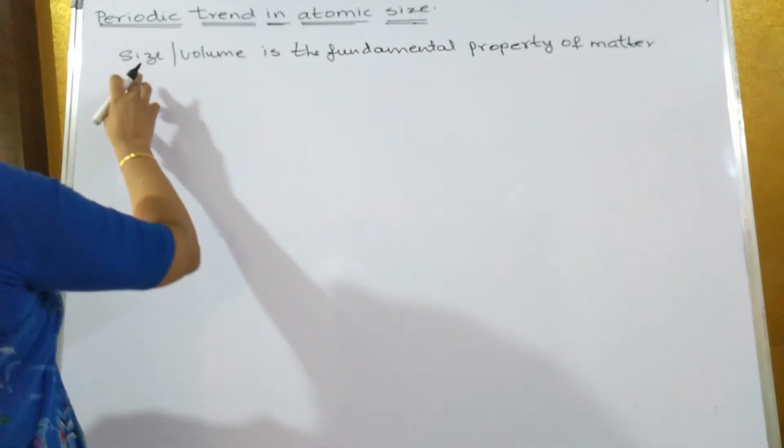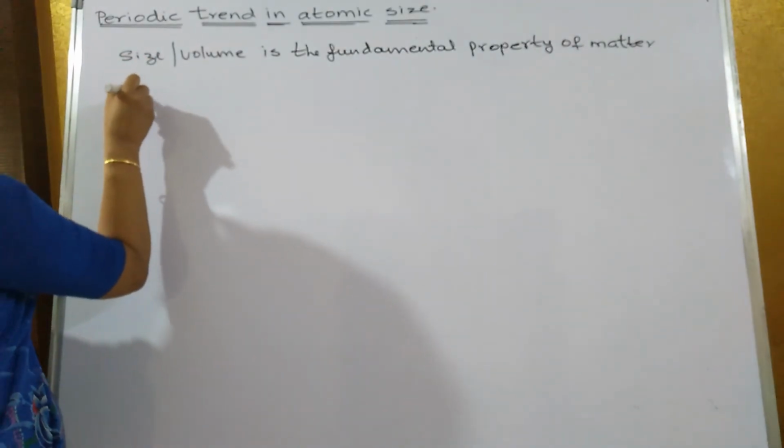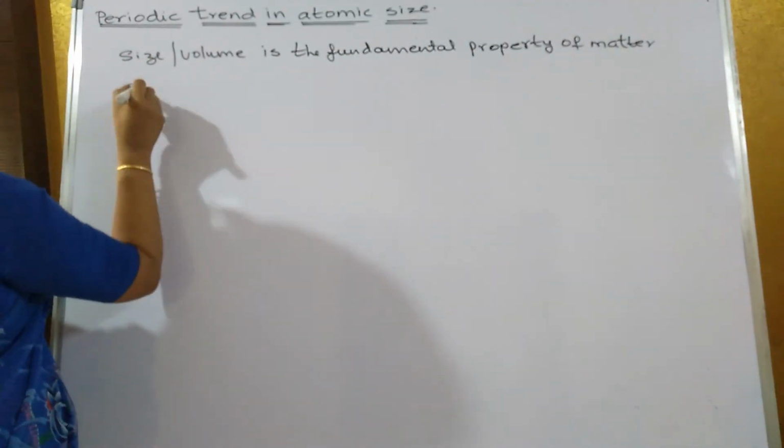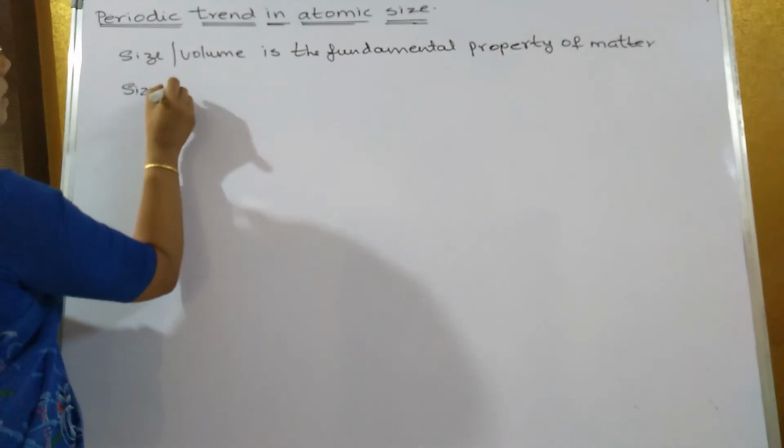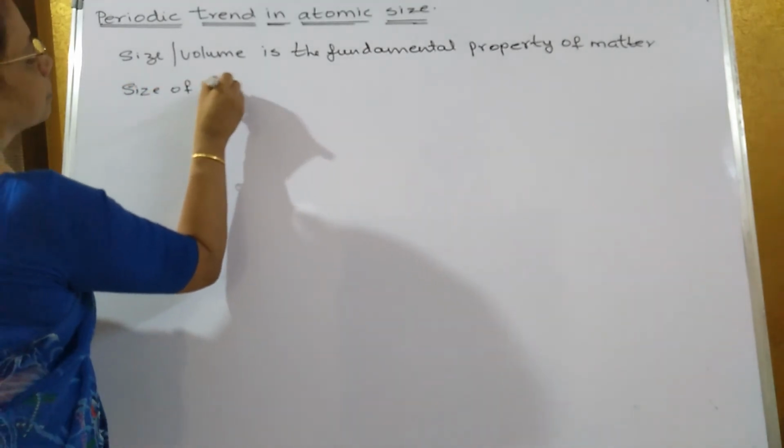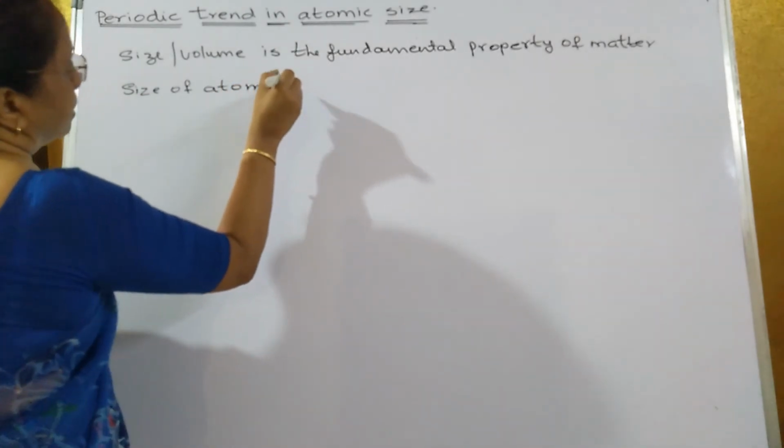Now how is the size of an atom determined? The size of an atom is indicated by its radius.